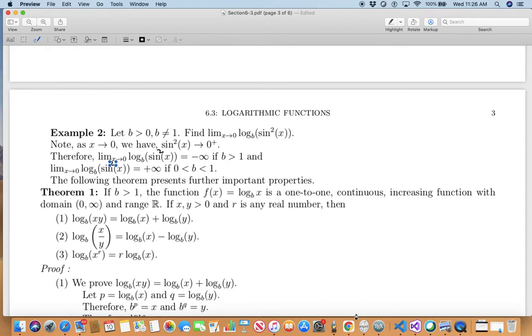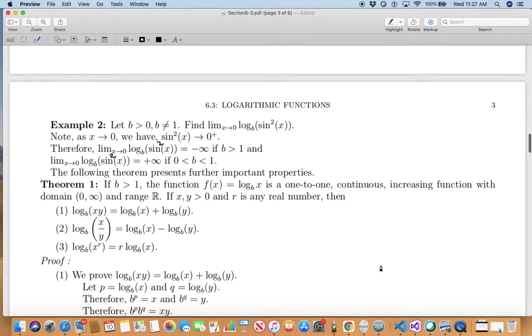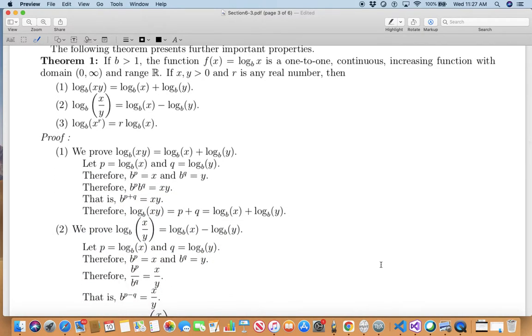is positive infinity. Now, here is an important theorem. If the base is greater than 1, the function f(x) equals log base b of x is a one-to-one continuous increasing function with domain 0 to infinity. This we just saw. The range is the set of real numbers.